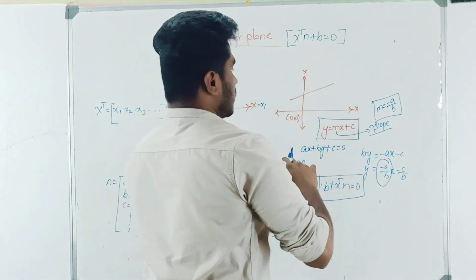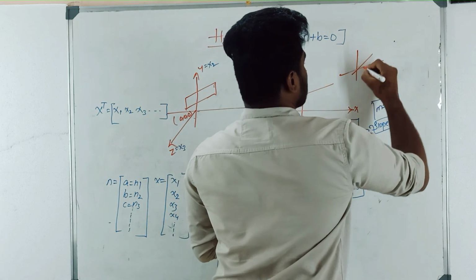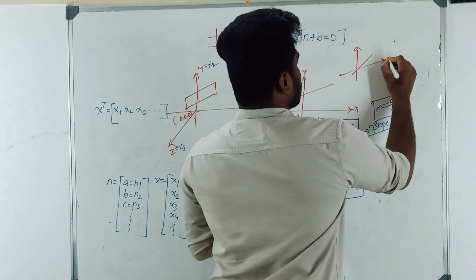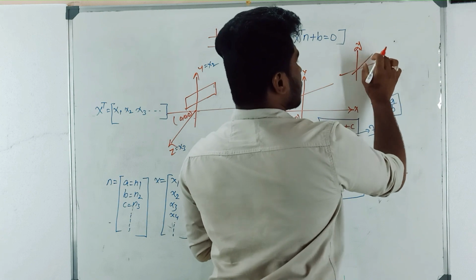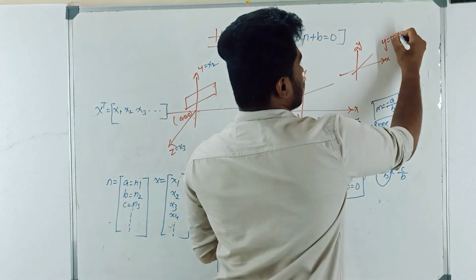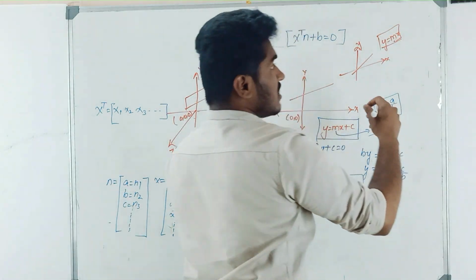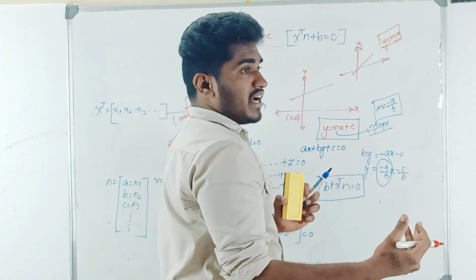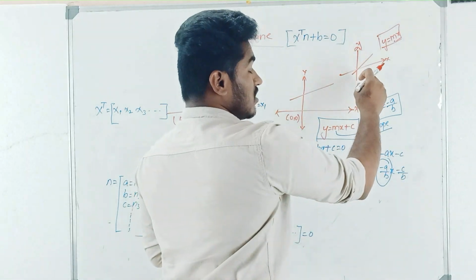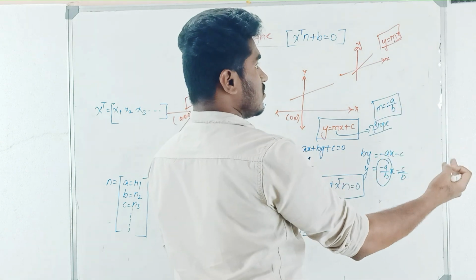Assume that this is a line passing through the origin. The equation of this line would be y equals mx in slope intercept form, because the c value is 0, as it's passing through the origin.